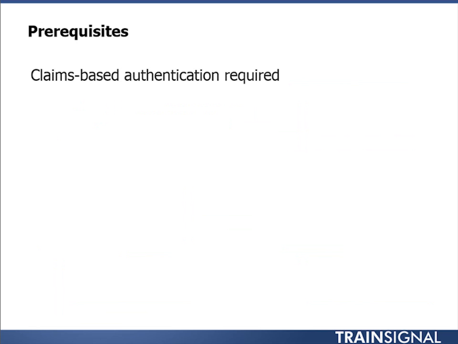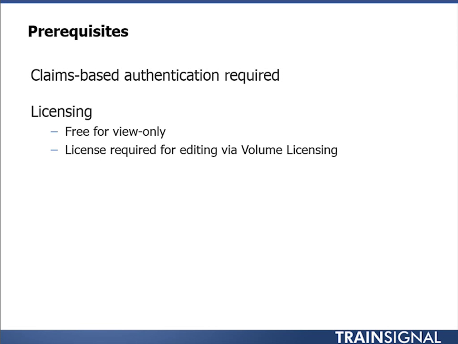Now, in order to set up and configure Office web apps, there's a whole host of different things that need to be done. I do need to enable claims-based authentication for every web application that's going to use Office web apps. Classic mode is not supported. As I mentioned before, for licensing, if I'm just looking to view the documents, I can do that for free.